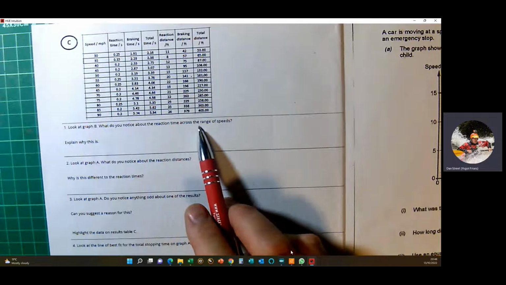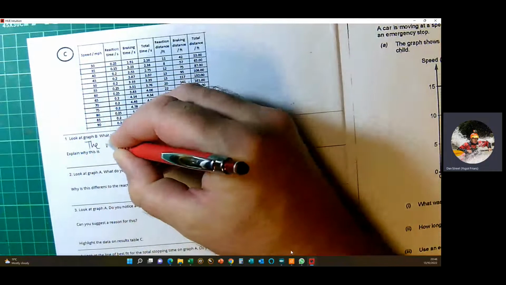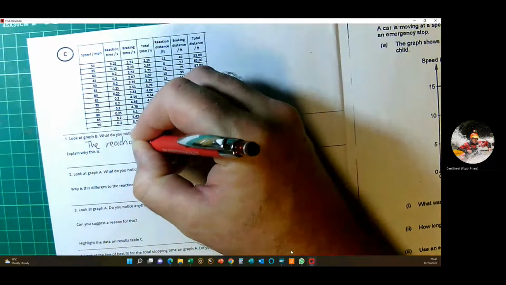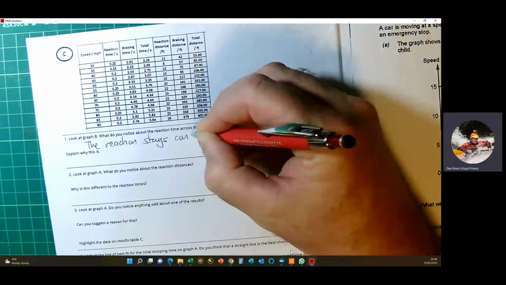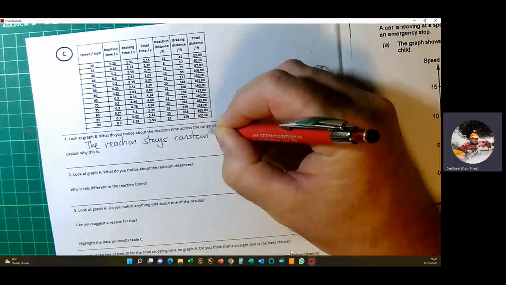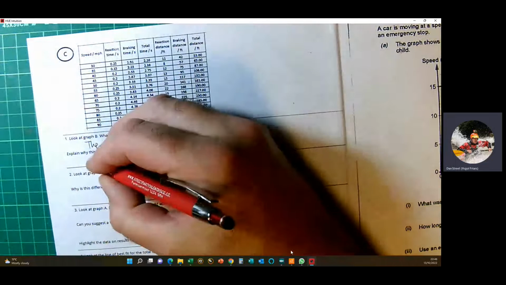It says here, look at graph B. What do you notice about the reaction time across the range of speeds? As we've already mentioned, on graph B, the reaction time stays constant. So the time that the driver needs to react remains constant. And why is this? Well, this is due to the biology of the driver.